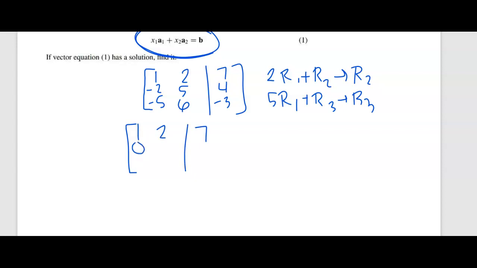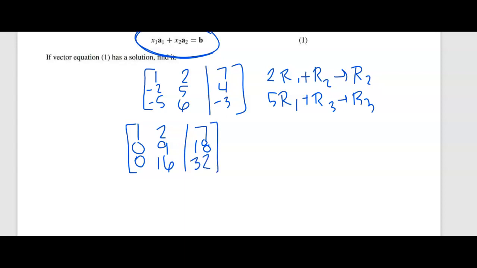Row 2, I get 0. 2 times 2, 4, plus 5, 9. 2 times 7, 14, plus 4, 18. 5 there gets canceled. 10 plus 6, I get 16. 35 minus 3, I get 32.